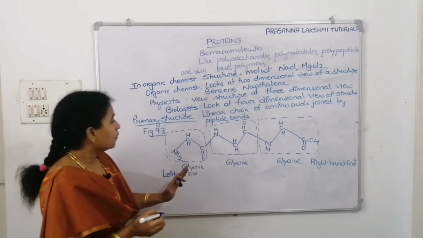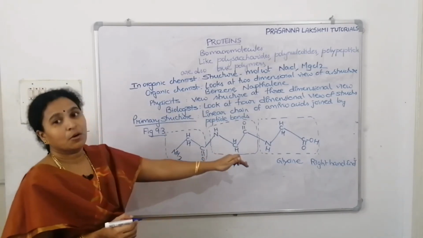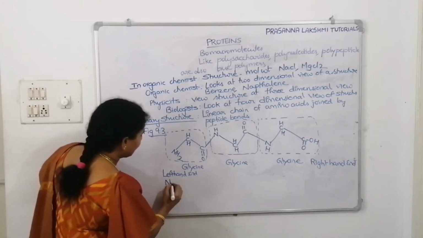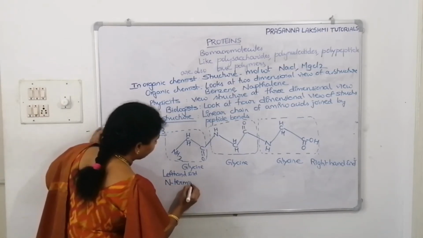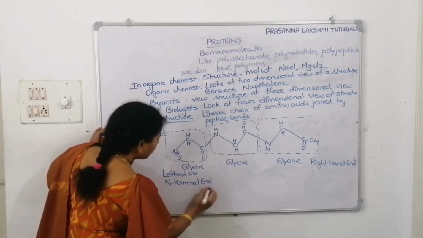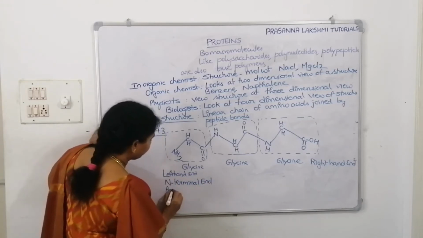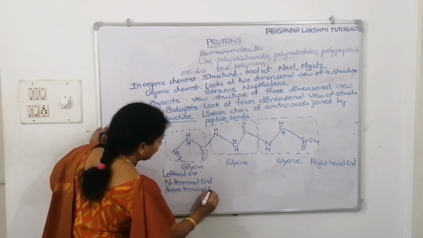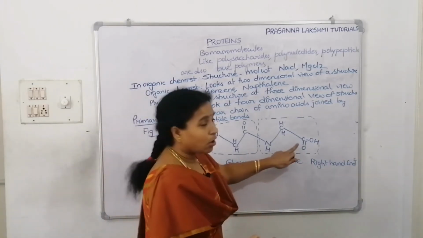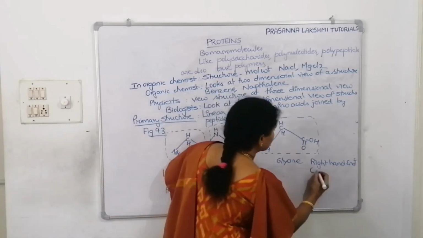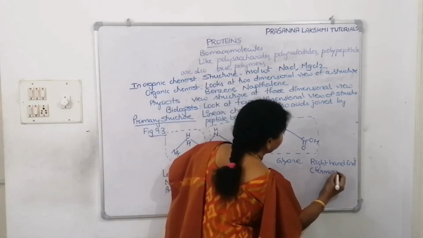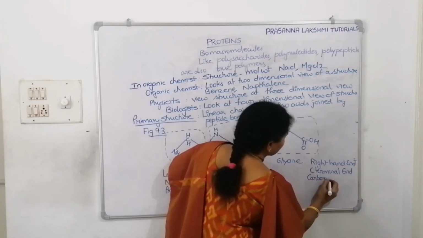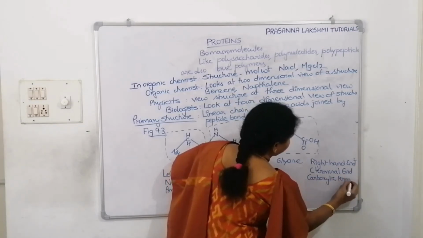That is why for a protein in a linear chain, the left hand end is also called the N-terminal end, or amino terminal end. And the end where the carboxylic group is free is called the C-terminal end, or carboxylic terminal end.